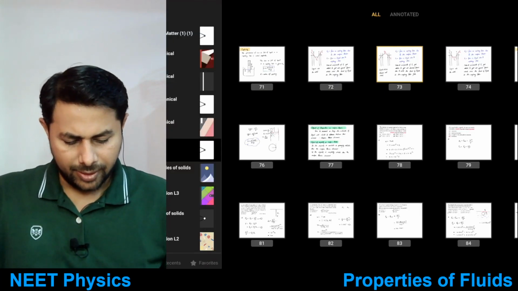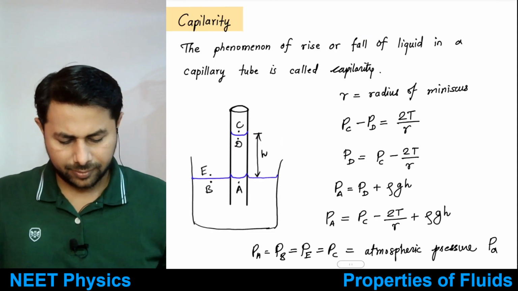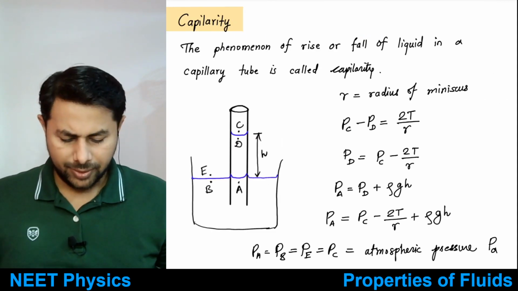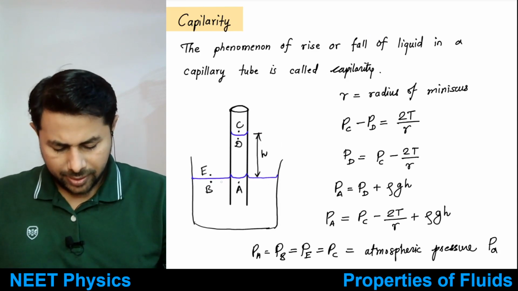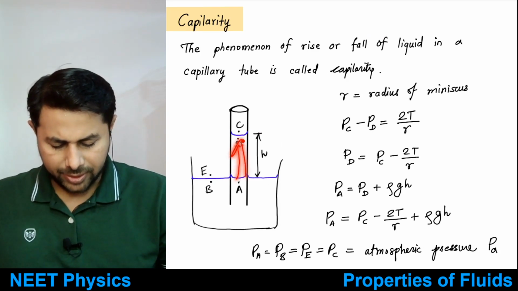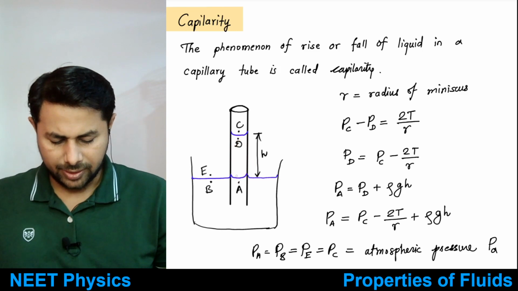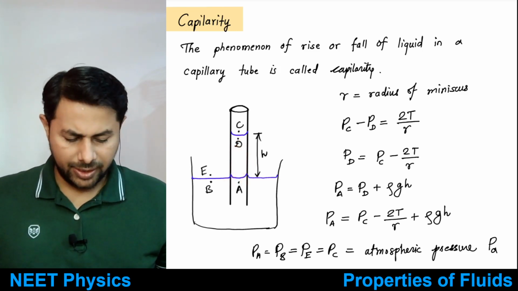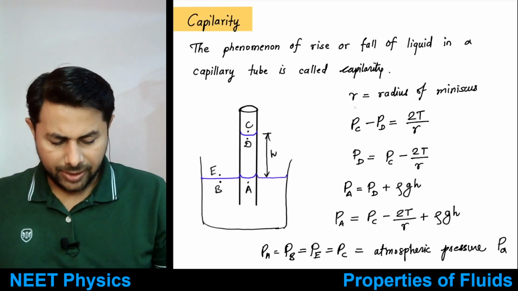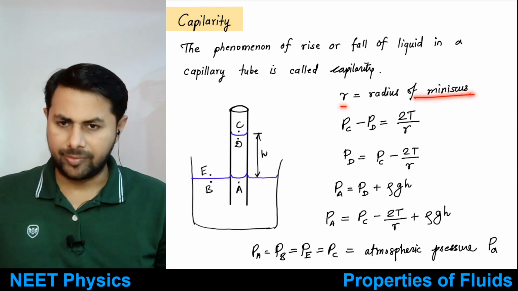Okay. So now see, suppose here the level of the liquid goes up. So see here, now suppose R is the radius of the meniscus.